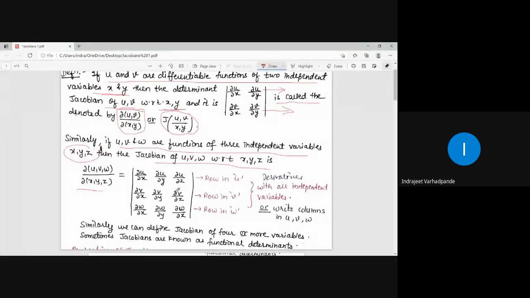The second row is a complete row in v: del v by del x, del v by del y, del v by del z. So for your understanding, we write a row in u, a row in v, with derivatives with respect to all independent variables.